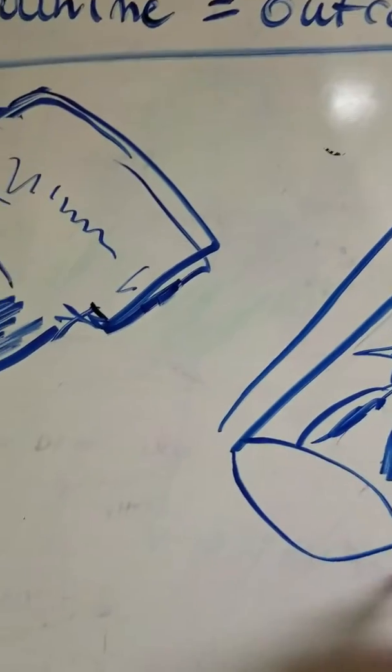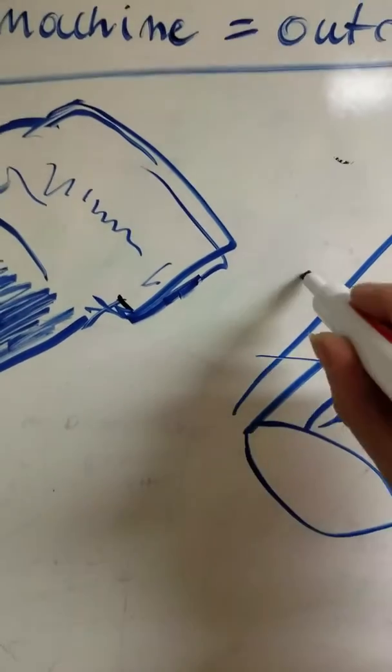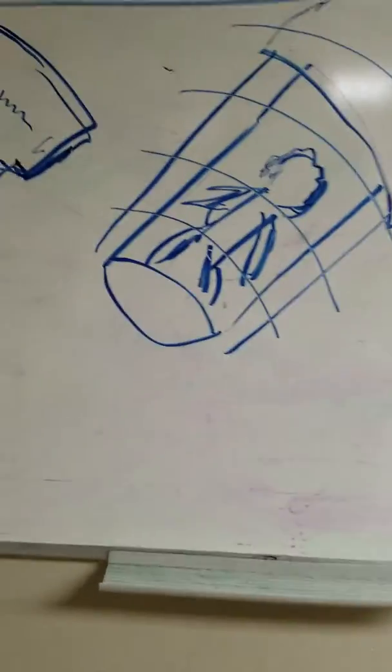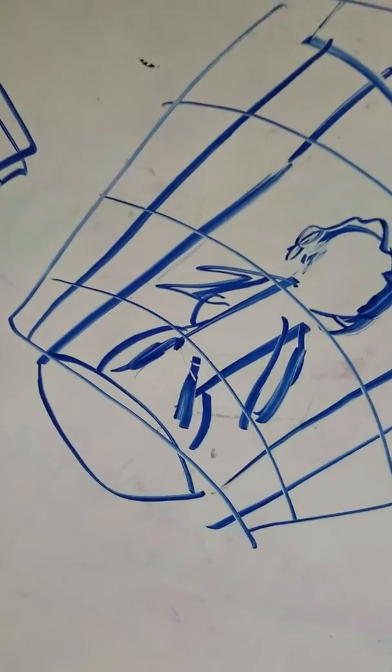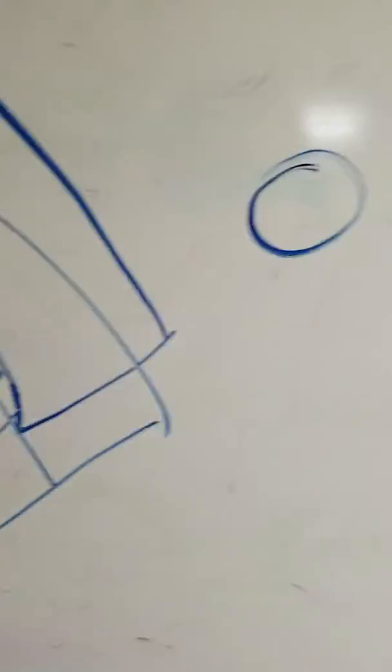But this machine is created to change some kind of field. Because this machine is created to work on a single cell. This is a single cell, as from the previous.